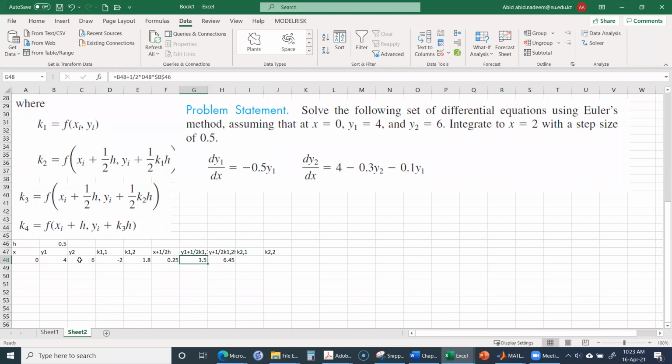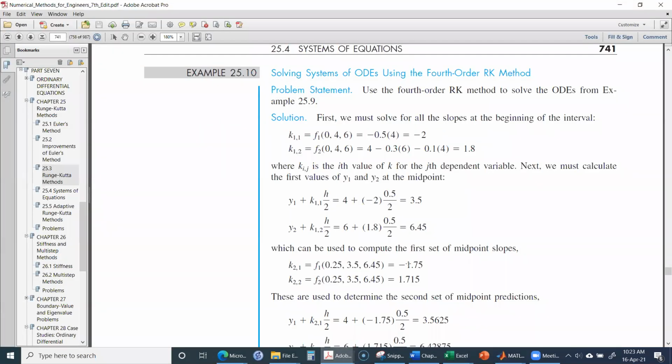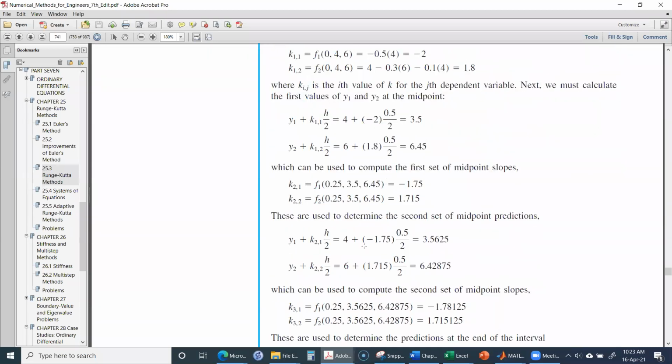So here we have this, then we can just copy and paste it. Control C, Control V, and then Control C, Control V. So we get minus 1.75 and 1.715.